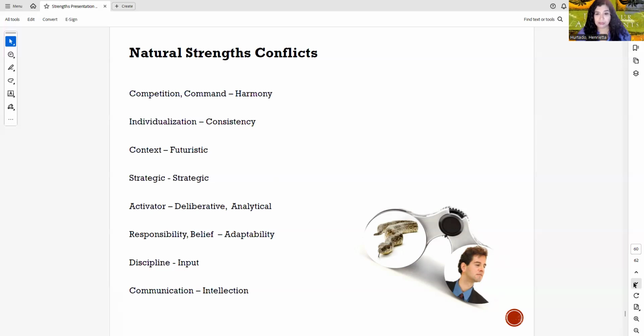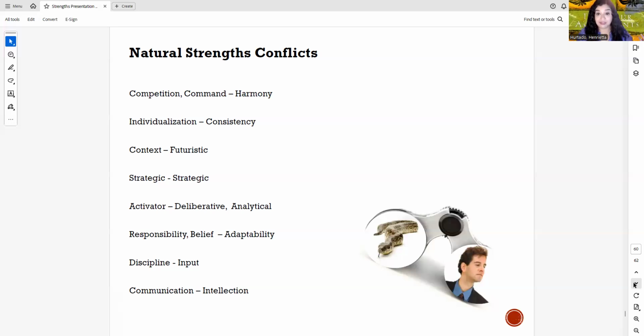So you need to be mindful of that. Individualization, but then you have consistency. You have context, which is really focused on the past or history, but you also have futuristic, or you're working with someone who's futuristic and you're focused on context. How are you going to make a connection and keep that harmony going?